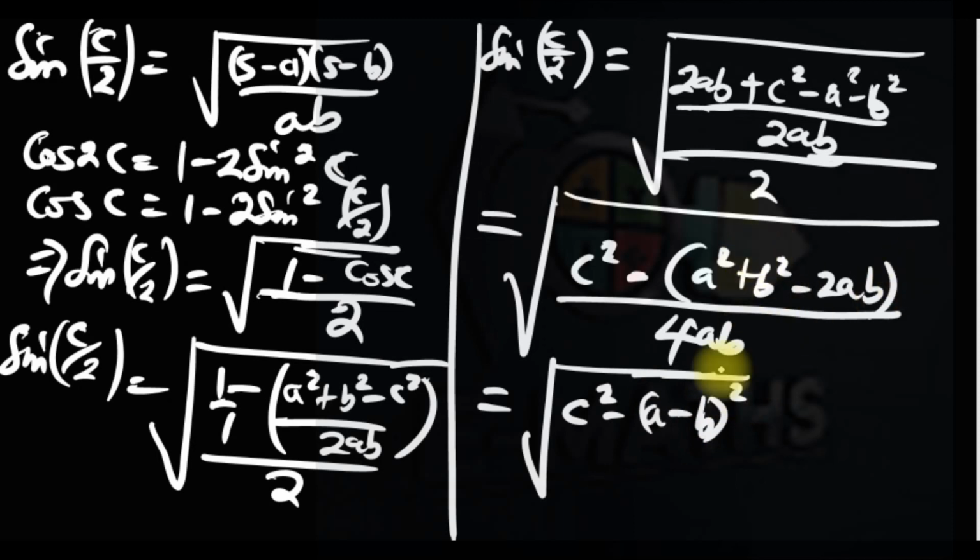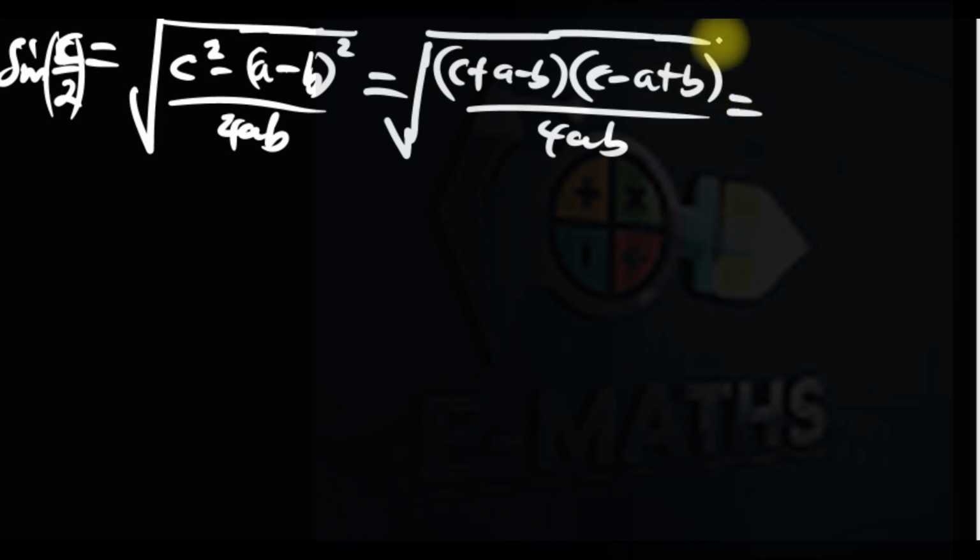This is a difference of two squares, which is square root of c plus a minus b times c minus a plus b over 4ab.